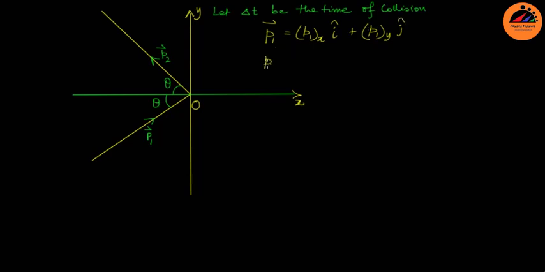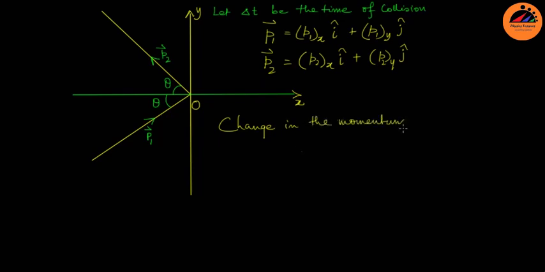Also resolve P2, whatever is given in the problem, into P2 x component times i cap plus P2 y component times j cap. Now if you are asked to find the change in momentum, that is automatically P2 minus P1.